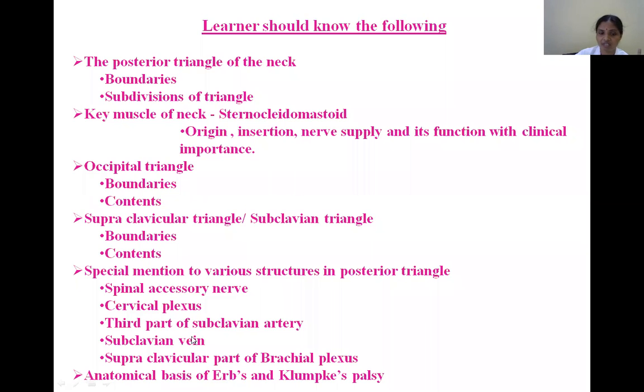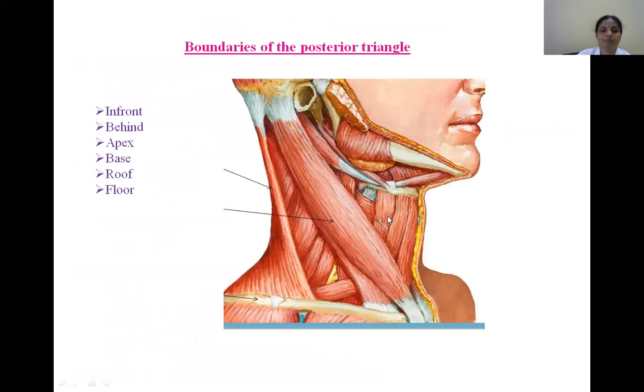These are the great vessels which continue towards the upper limb. The nerves and vessels present in the posterior triangle are important, and they are in relation to the sternocleidomastoid. We'll see how these structures are present in these triangles. Then the anatomical basis of Erb's palsy and Klumpke's palsy. These are the things we are going to discuss, one by one.